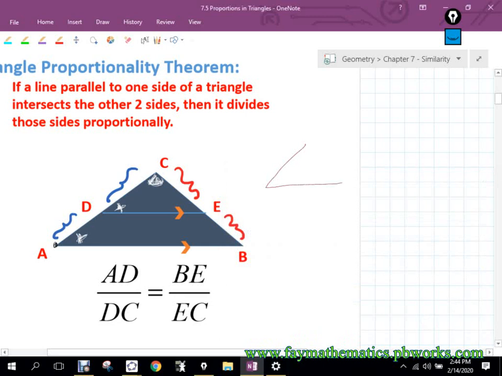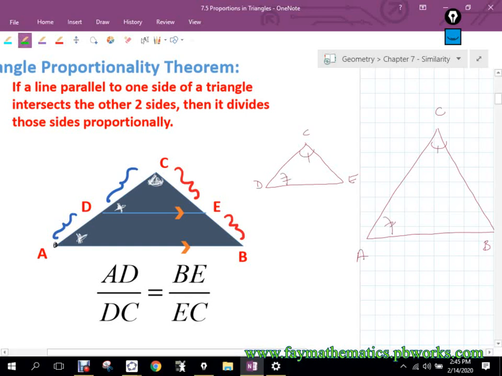We know that if I take that small triangle C, D, and then E, and look at the big one, where this is C, A, and B, that we should be able to take CD, because these two angles are congruent. These two are congruent.